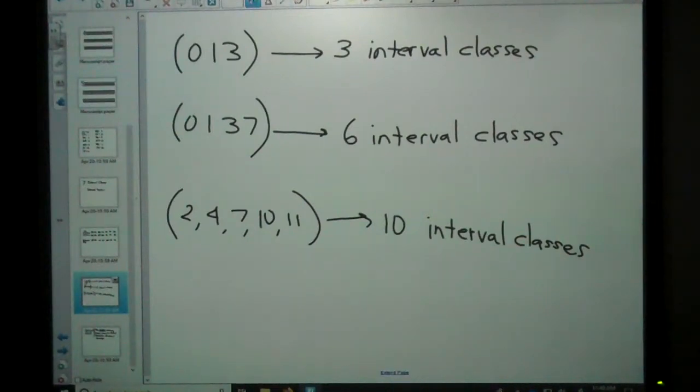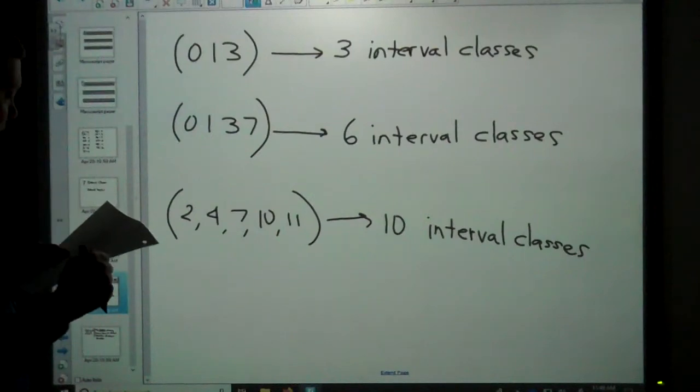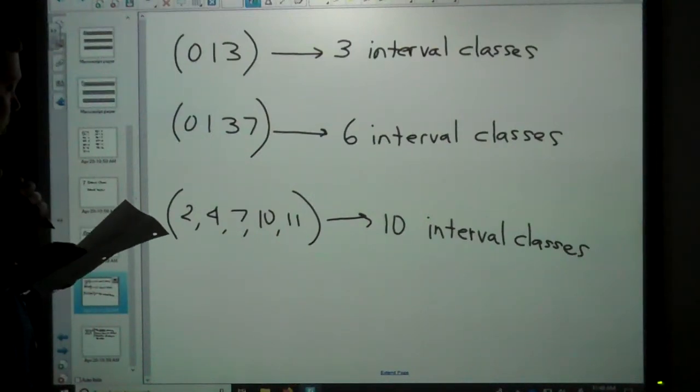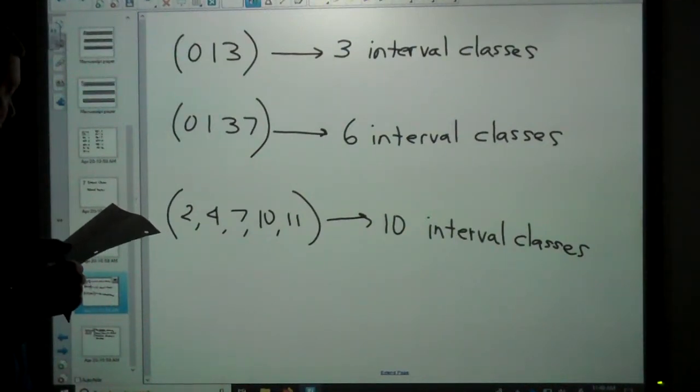Now, to determine the interval content of any set, determine the interval classes between each pair of pitches in the set. Let me say that one more time. To find the interval content of a set, we're going to determine the interval classes between each pair of pitches in the set.